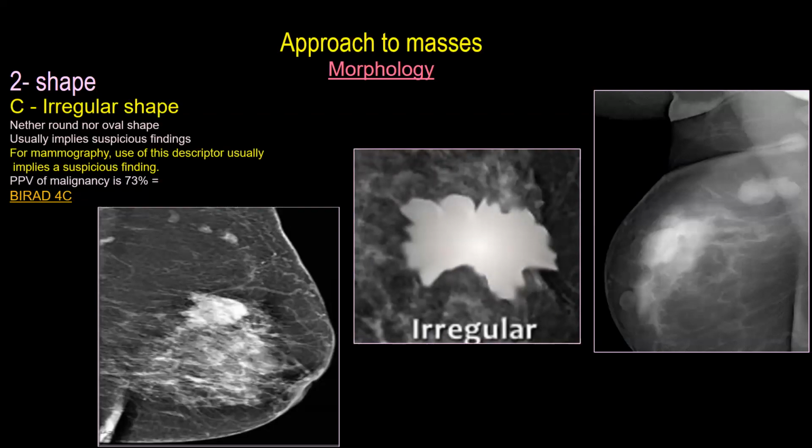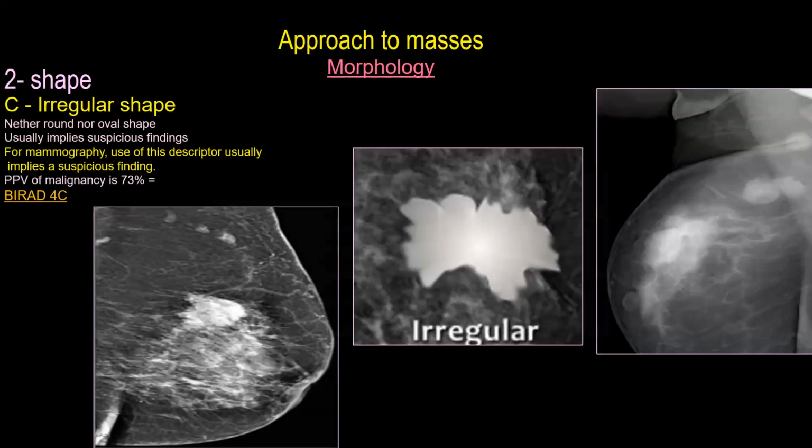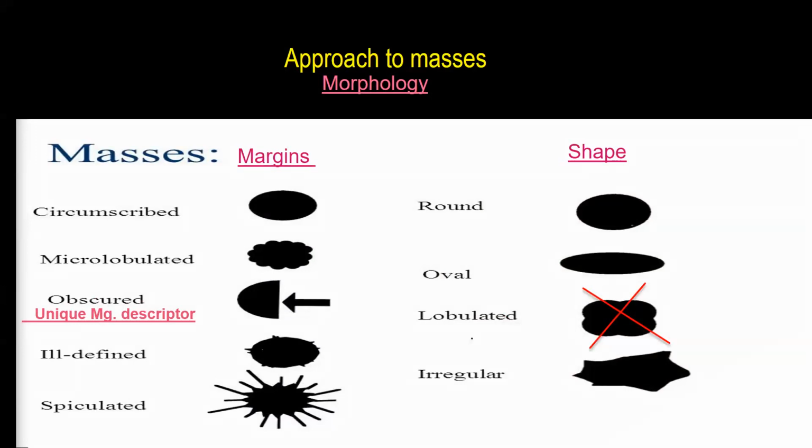Okay? And when you have an irregular shape, then you will consider it as a suspicious feature with a positive predictive value up to 73%. That means it is BIRAD 4C. If you have an irregular shape, then it will be a BIRAD 4C mass because of the irregular shape. So the morphology describes margin and shape.